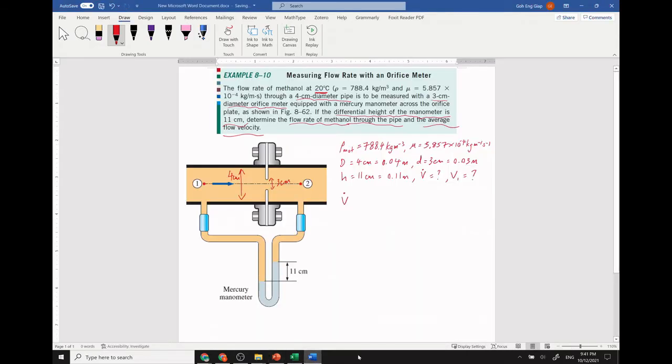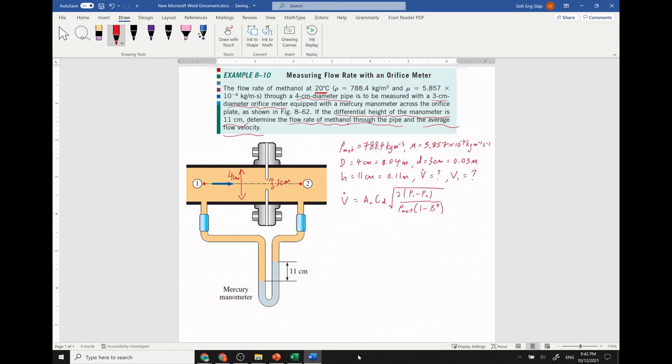The volumetric flow rate equals A naught CD times the square root of 2 multiplied by the pressure difference over rho, in this case rho of methanol, times 1 minus beta to the power 4.